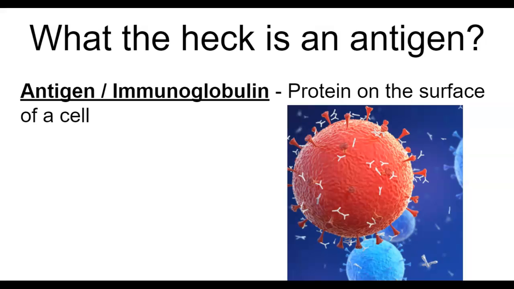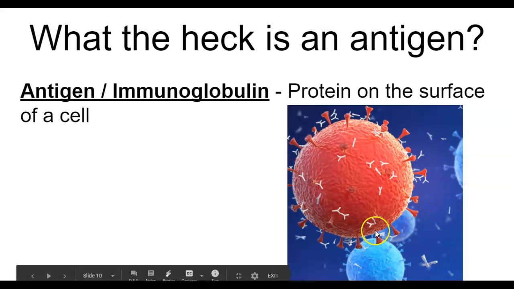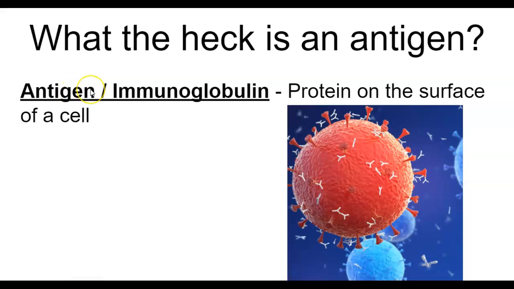Okay, that's a protein on the surface of a cell. Here you can see some proteins on the surface here, and we've talked about how coronaviruses, in particular SARS-CoV-2, that's the coronavirus right now, has these proteins, these spike proteins, okay? Well, blood cells have proteins. Almost all cells have proteins on the surface of their cell membrane.